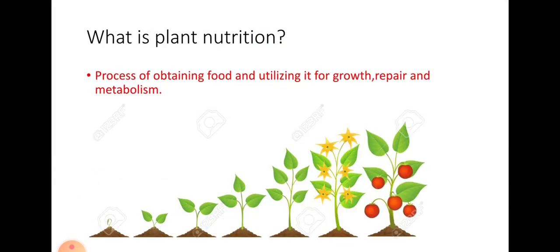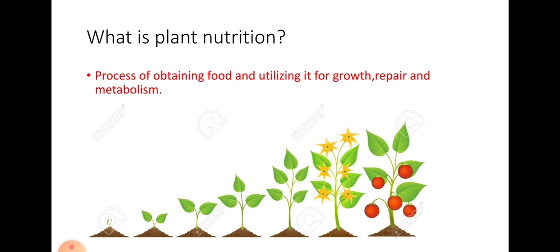Now, what is nutrition or what is plant nutrition? It is the process of obtaining food and utilizing it for growth, repair and metabolism. The process of taking food by an organism as well as the utilization of this food by the organism is called nutrition.